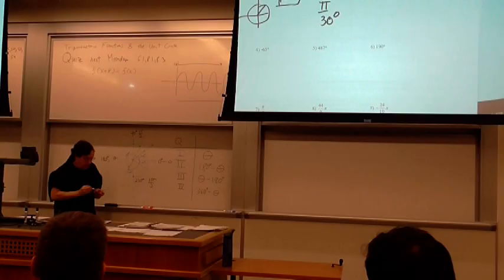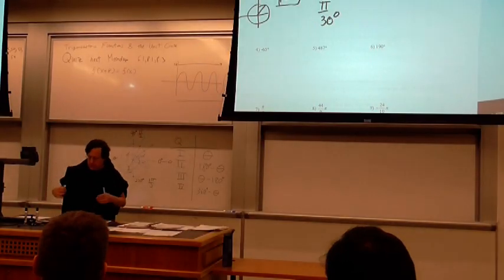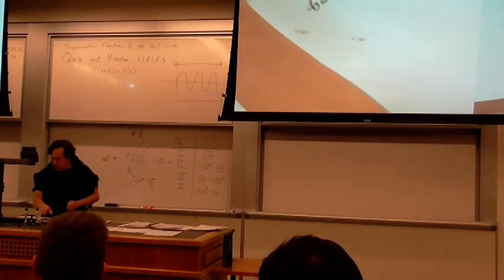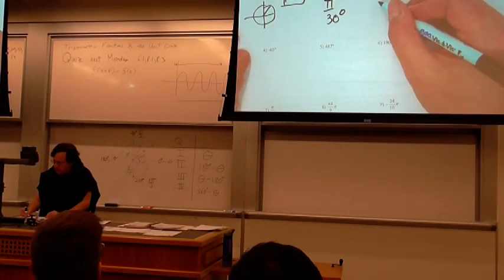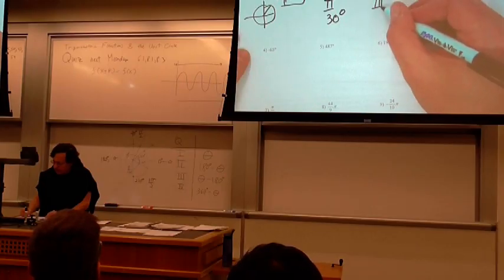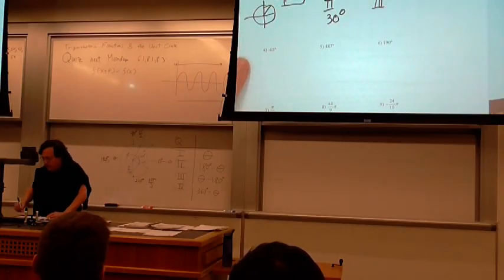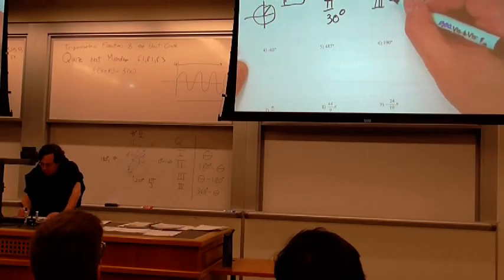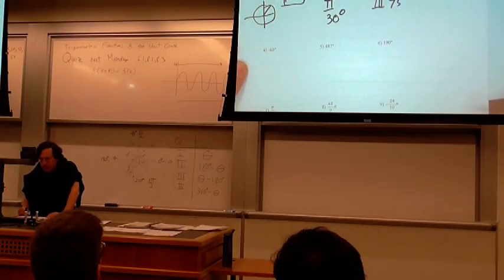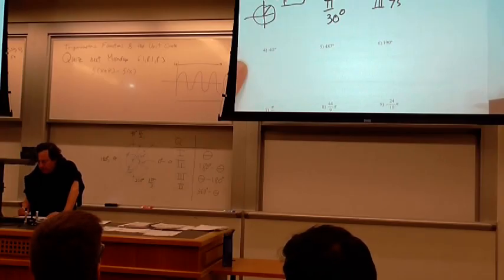Those are numbers you might want to let seep in. Okay, so this is which quadrant? Third, right? It's less than 270, but it's greater than 180. And so its reference angle is 75 degrees. Does that sound right? Yes. 255 minus 180?